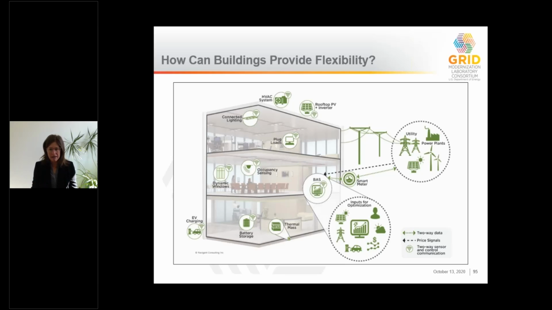Thermal mass is a huge component or attribute of the building that we should be taking more advantage of, whether through water heating systems or through the actual inherent thermal mass properties of the building itself, concrete floors or other mass just in a typical building. Can we use that to store heating and cooling so our systems don't need to run as hard during peak time? And with this, we're getting smarter equipment in our buildings.